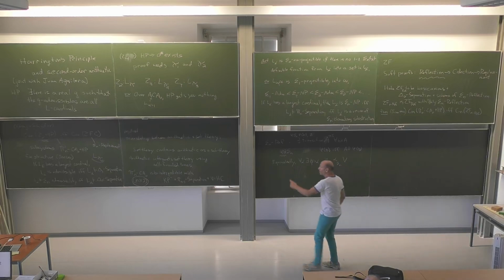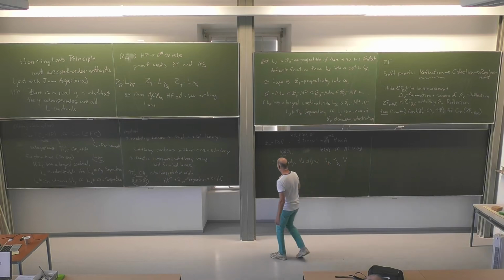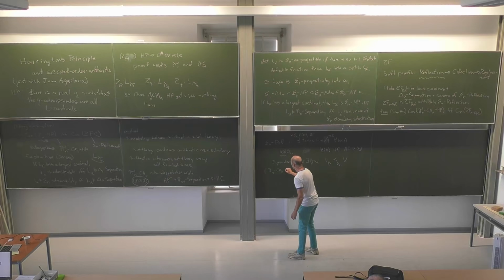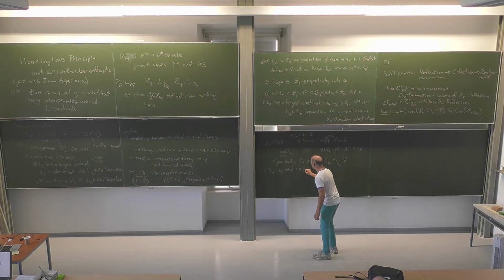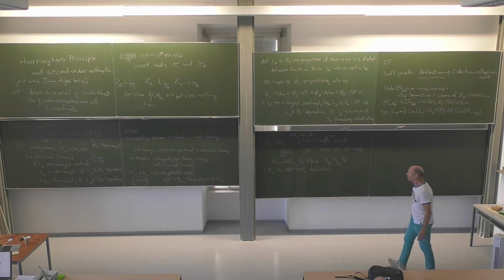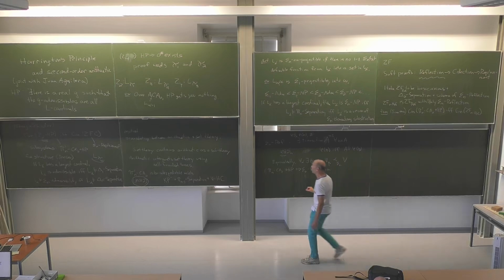Thinking about n equals 2, because it is a separate case, the easier direction is that if we start with pi 1 n comprehension, along with Harrington's principle, I want to get sigma n reflection.